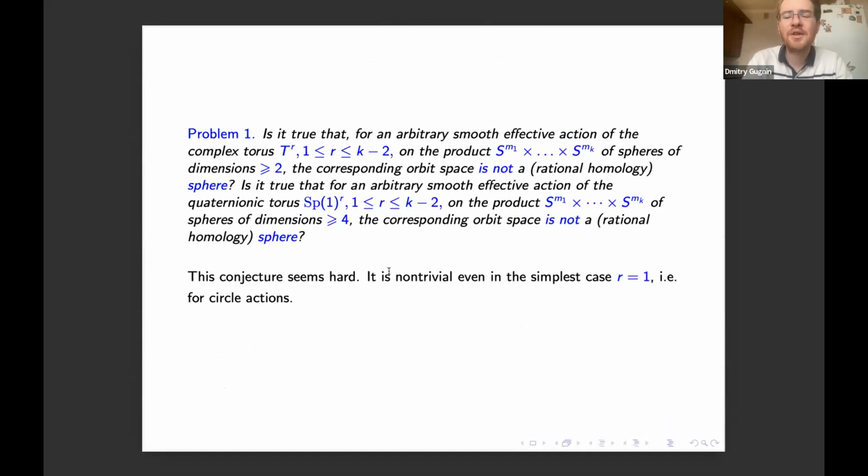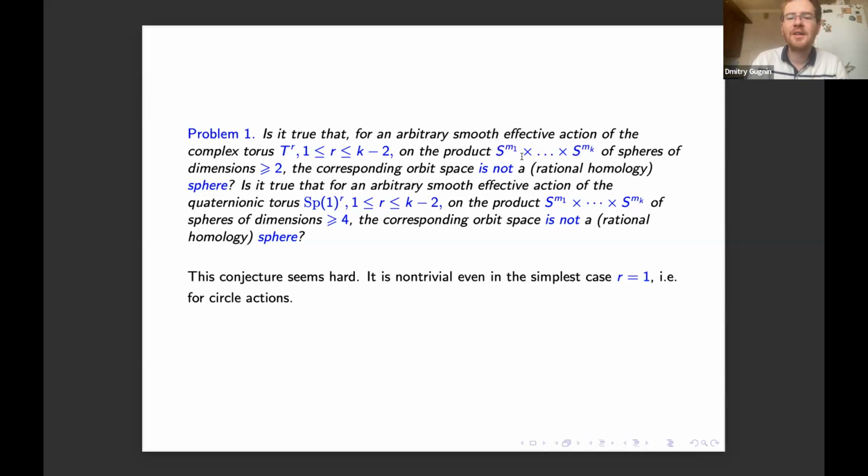Okay, thank you very much, Vanya. But you take these numbers odd, and you take not an arbitrary smooth action, but some action from moment angle complex theory, a partial quotient.